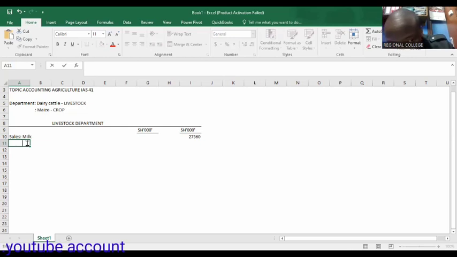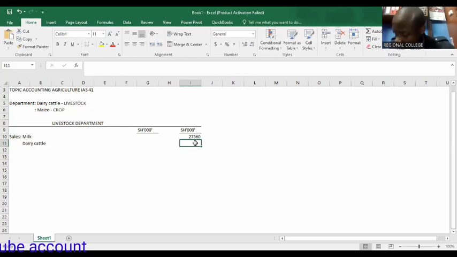I have dry maize, that is not livestock. Green maize, no. I have dairy cattle. That one can come here. So my dairy cattle is 8,100.